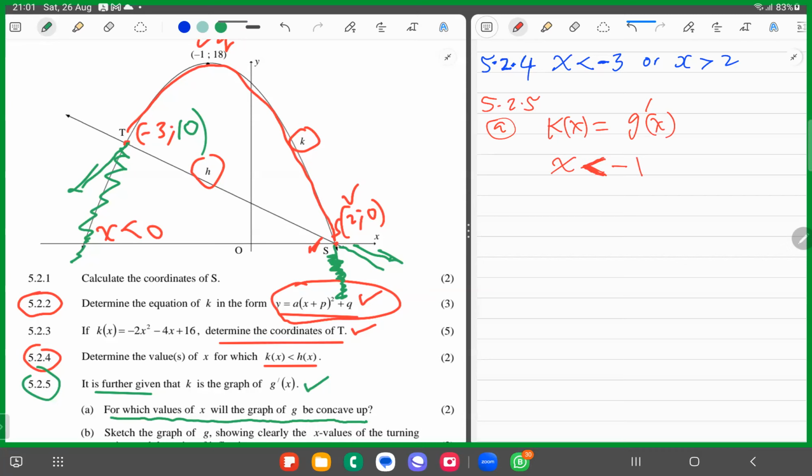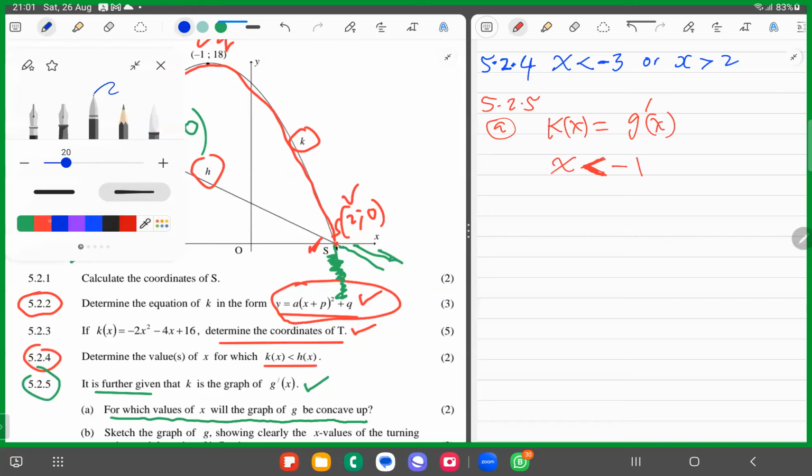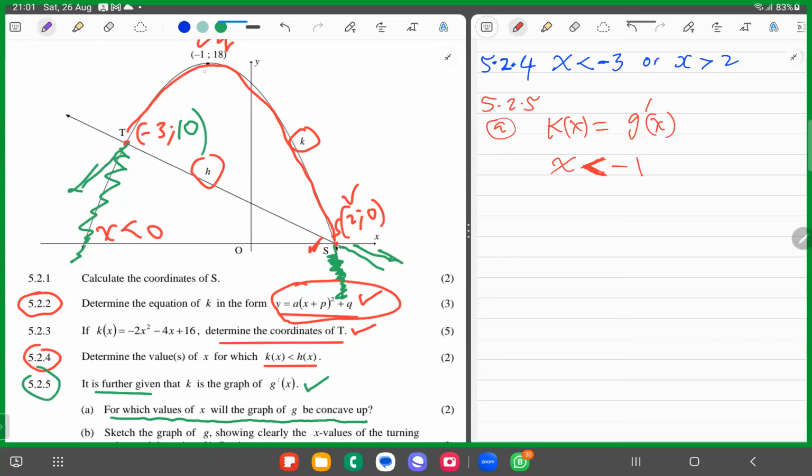In the part of the graph where you have x less than -1, it follows that the graph of G will be concave up.